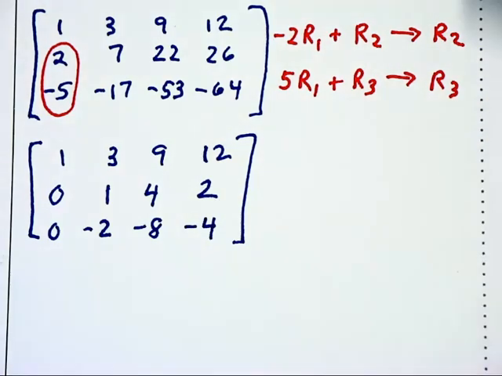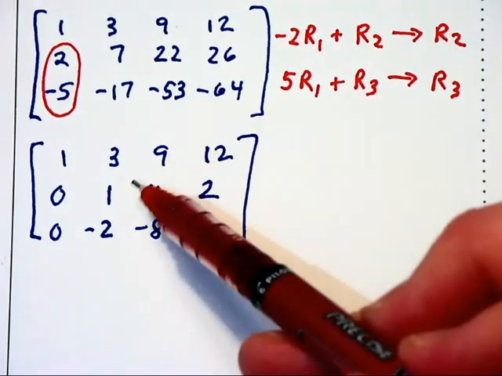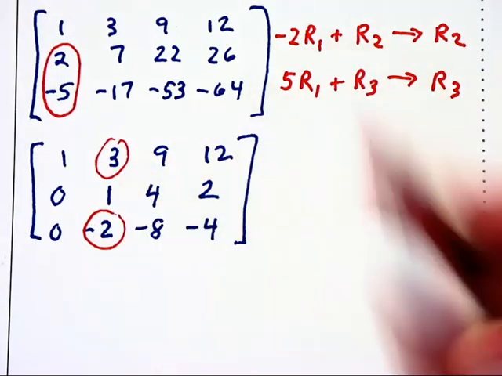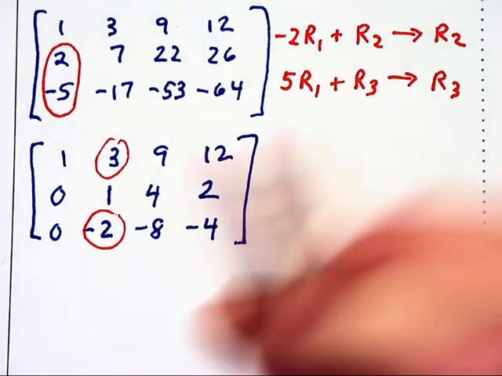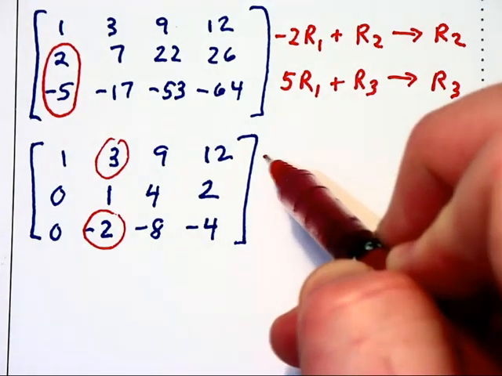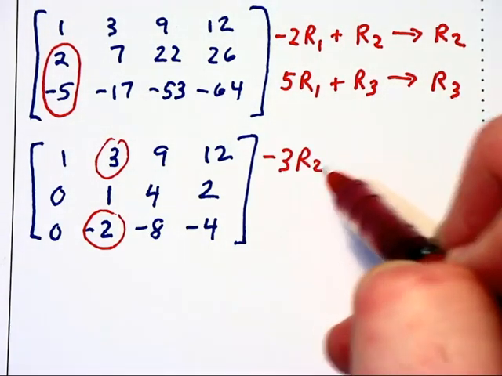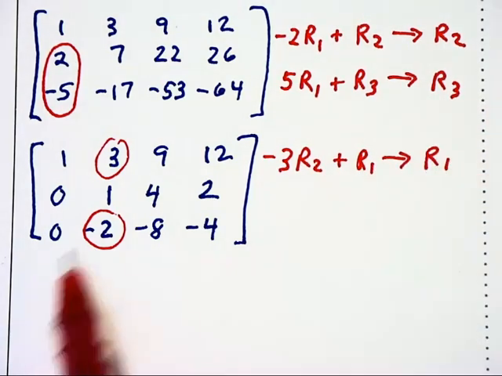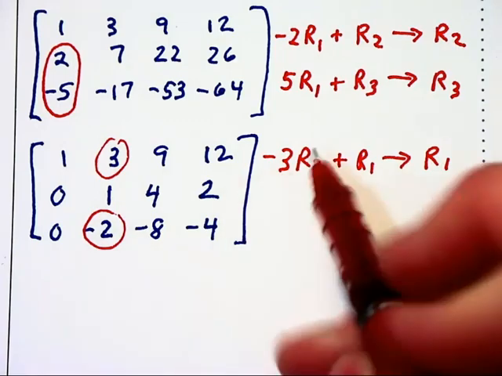So far so good. We have the 1 already where we want it, so I now need zeros above and below it. To cancel out this 3 I will need a negative 3, so negative 3 row 2 plus row 1 will become the new row 1, and to cancel out the negative 2 I need a positive 2.